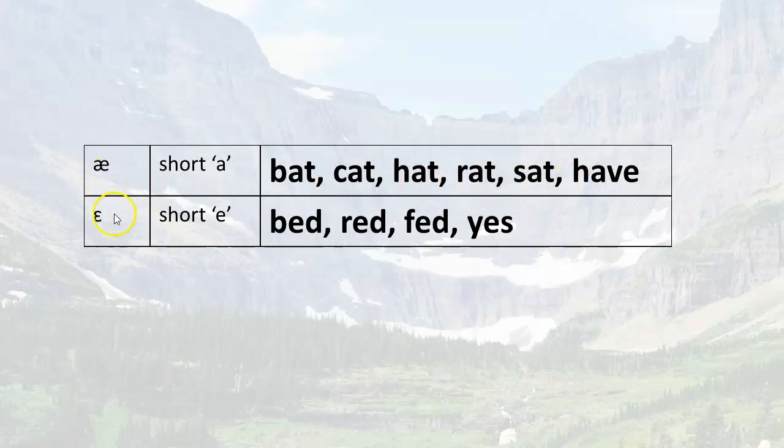The next lesson was on short E, which is represented by this symbol in the IPA. It represents the sound eh. If you know that, then you can pronounce the words bed, read, fed, yes. If you haven't seen the videos for these two lessons, you can find them on our channel homepage.